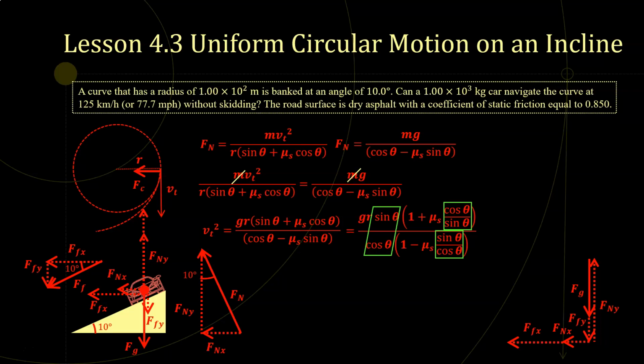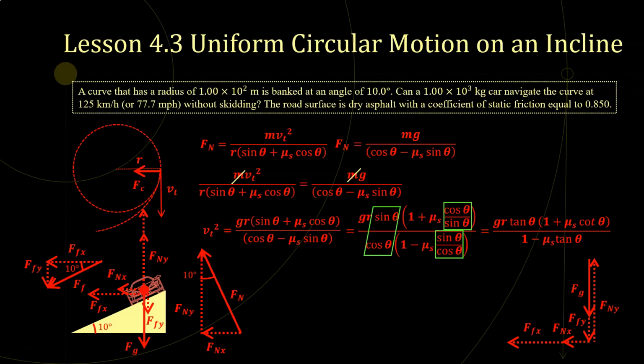So let's go ahead and replace those things in those green boxes with their correct expressions: the sine divided by the cosine with tan theta, and cosine divided by sine with the cotangent of theta.